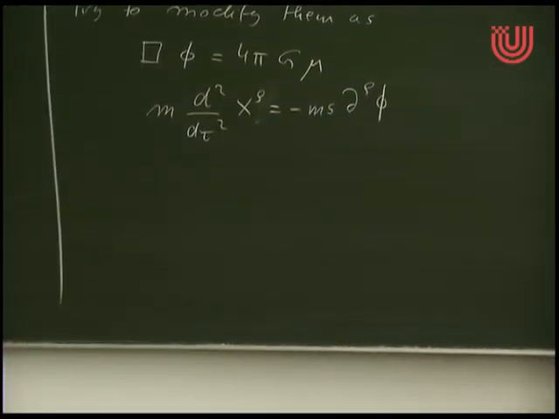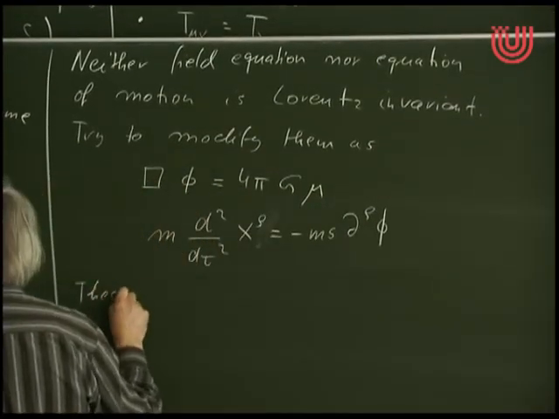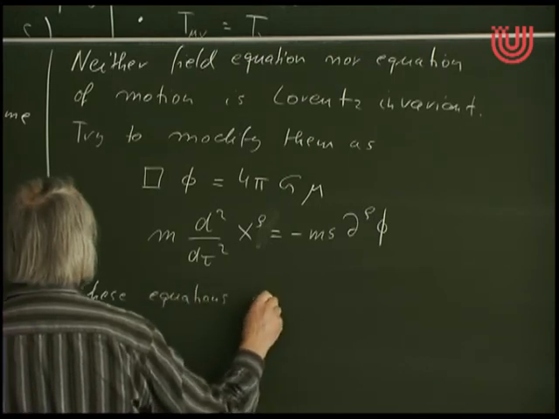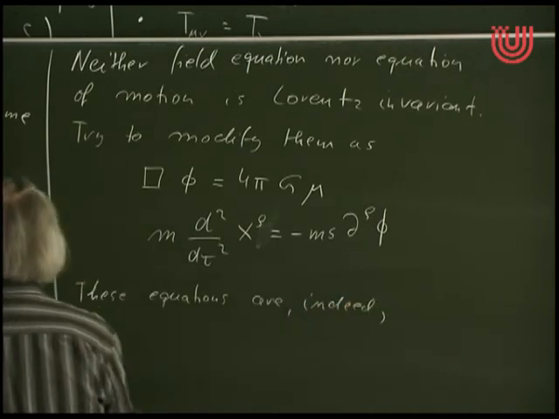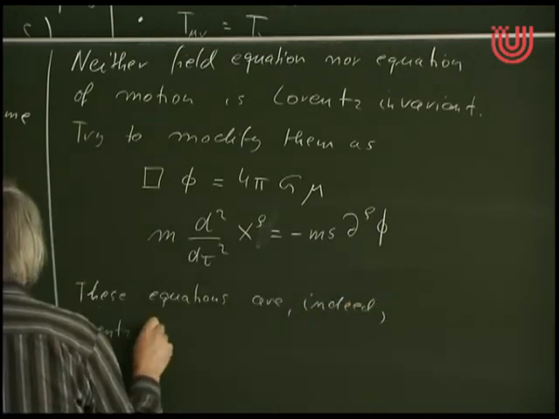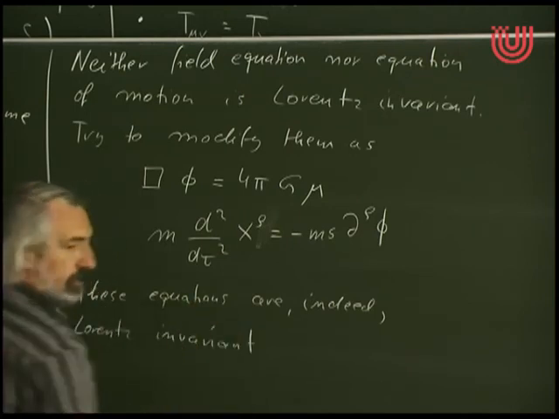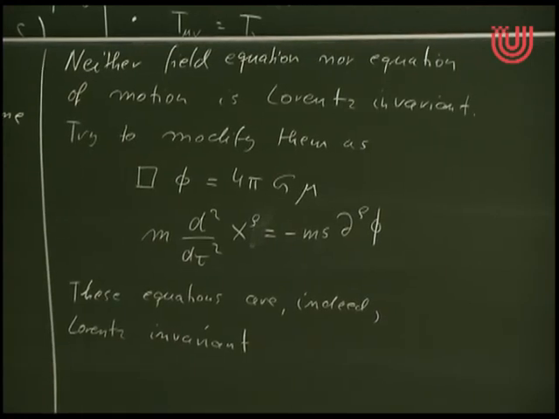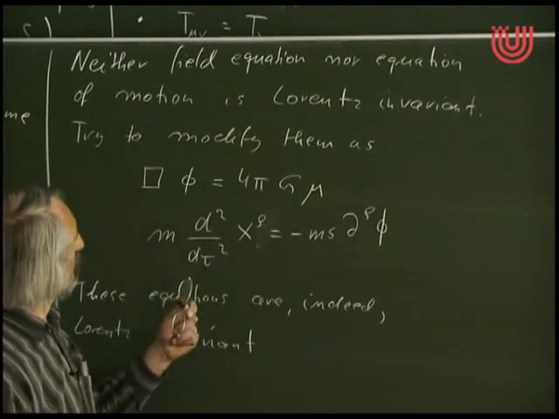These equations are indeed Lorentz covariant. Of course, this by itself, it's not obvious what I mean by this. To give a meaning to this sentence, I have to tell you how the phi and the mu change.